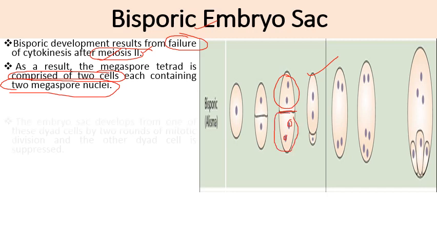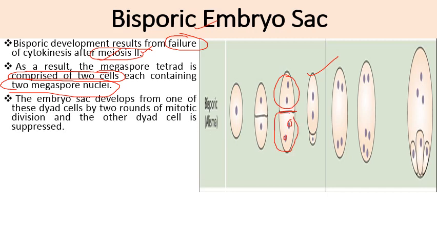The embryo sac develops from one of these dyads. Dyad means a cell with 2 nuclei. This cell will undergo 2 rounds of division that results in formation of 8 nuclei, including 2 central polar nuclei.